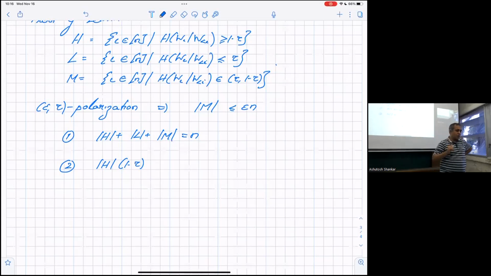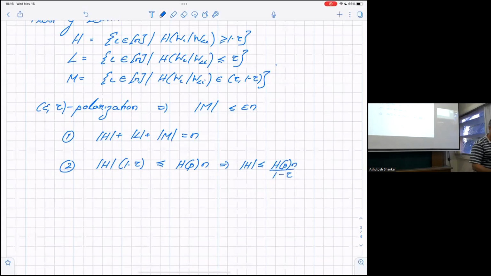So it's certainly a lower bound. But we know the total is at least HP times n. So this in particular implies that the size of H is less than or equal to HP n by 1 minus tau.